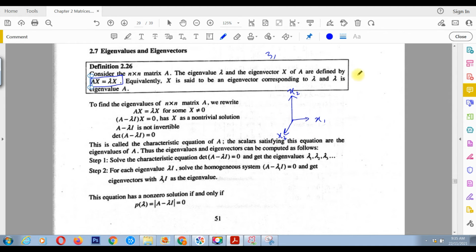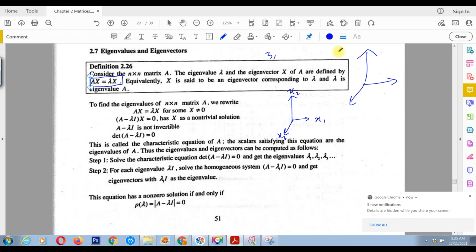So this maybe what we call an eigenvector. Maybe we have the same matrix but at another place, but it is the same vector, the same matrix.